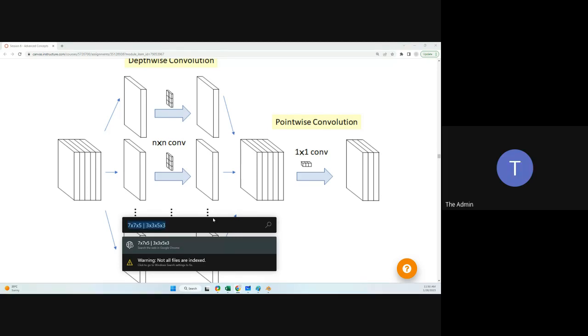But right now, we convolve 7 cross 7 cross 5 with 3 cross 3 cross 1 cross 5. We got 5 cross 5 cross 5. Then we convolve with 1 cross 1 cross 5 cross 3. That gave us 5 cross 5 cross 3. That's what we did.